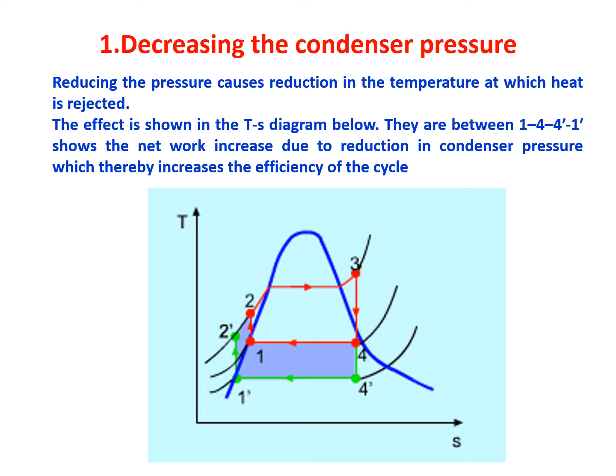This blue color shaded is the area. If we reduce the condenser pressure, the temperature-entropy diagram looks like this: 1, 4, 4 dash, 1 dash shows the net increase in work due to reduction in condenser pressure, thereby increasing the cycle efficiency.